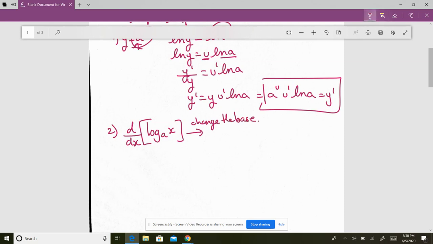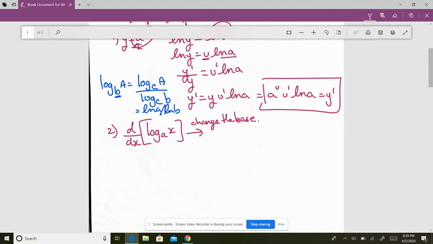If you don't remember the change of base rule, you can look it up. I'm going to write it here, but if you need to practice it, you can look it up. It says, if you have log base b of a, I can change the base from b to anything I want. I'll just call it c: log base c of the argument over log base c of the original base. So if you're doing natural log, it'd be natural log of a over natural log of b, which is what we're going to do here.